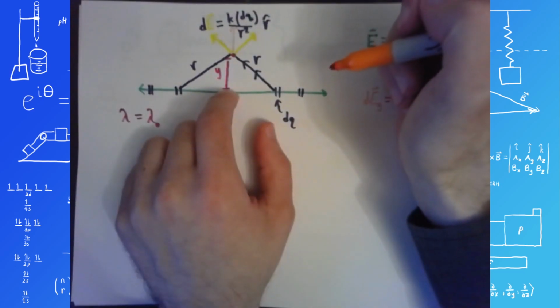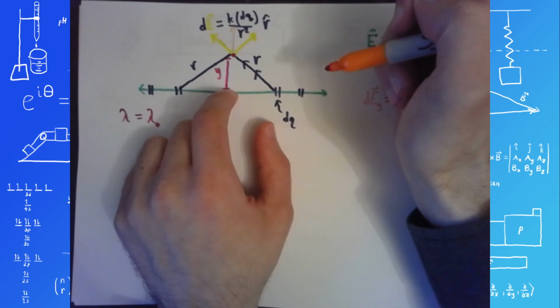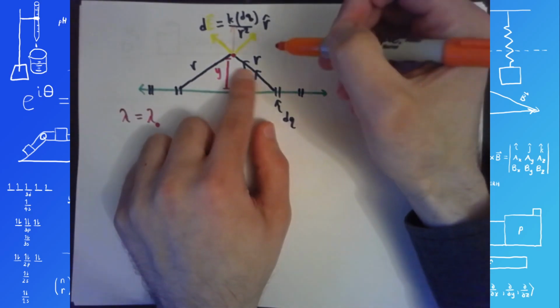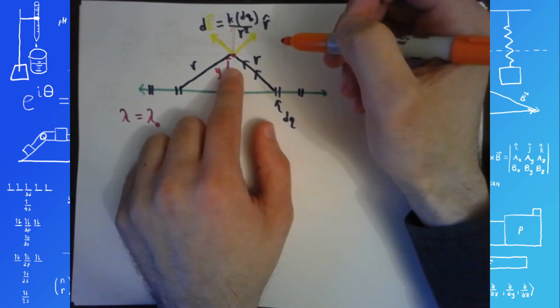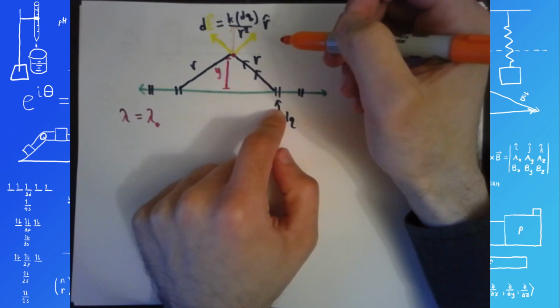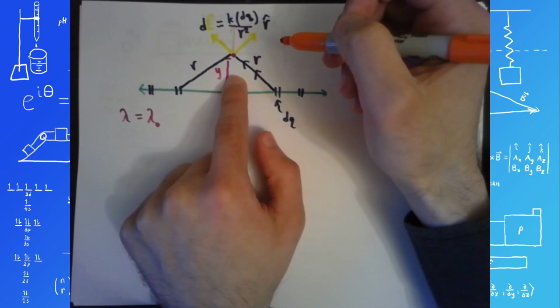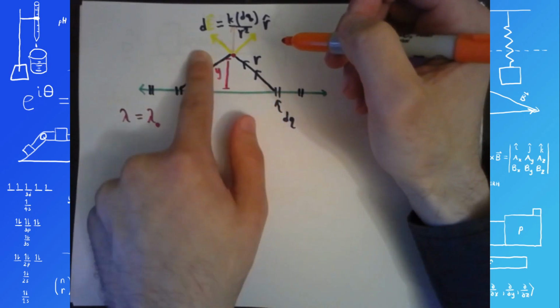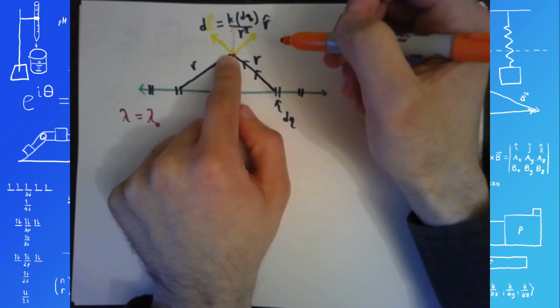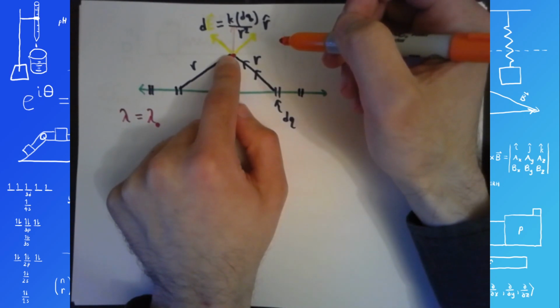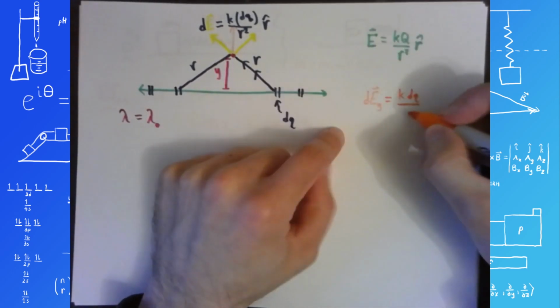Actually, wait. Let me think about this before I say anything stupid. Let me see. So we've got an amount of charge dq. It's going to have some distance r away from our point of interest. And I am looking for... Actually, no. It's still going to be the same expression.